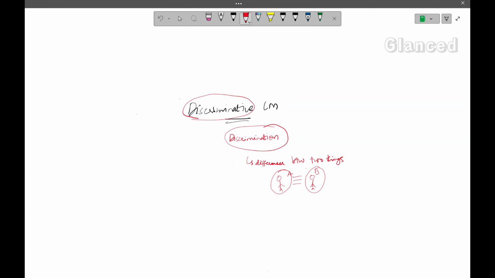But why a language model needs this kind of discrimination? I mean, why does it have to differentiate between two things? So, first, let's understand what is the main aim of language model. The main aim of language model is to predict the sentences, right? It has to predict the sentences based on the probabilities.